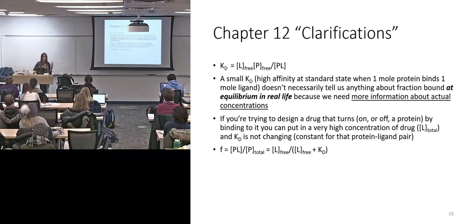So I've already forgotten what that Piazza question was because I didn't read it recently. But the way to think about this is that if you're trying to design a drug, let's say, to bind to something, you could just put a ton of drug in. I mean, maybe not to the point of killing yourself, but you could deliver a really, really high concentration of this ligand, this drug, in your blood, such that it would bind up everything.